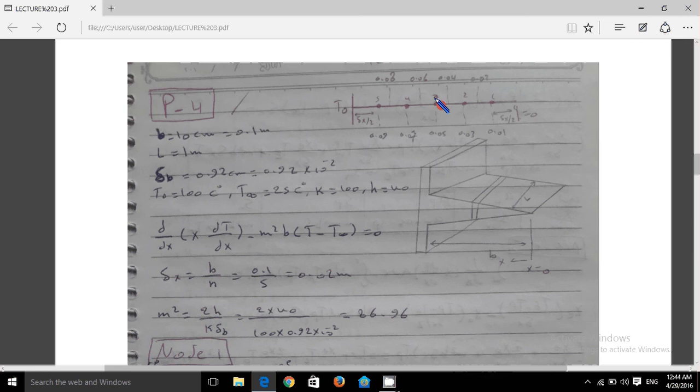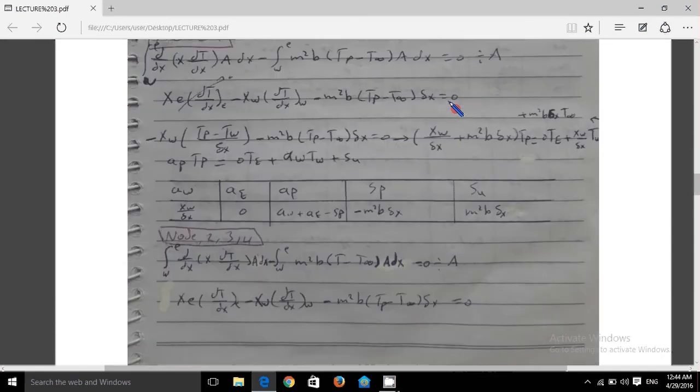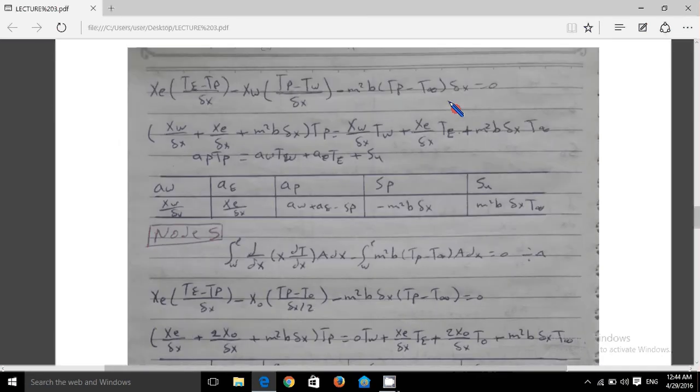So when I start to substitute, I will write T east minus T point over delta x and T point minus T west over delta x. I hope you understand how it came. So minus m square b (T point minus T infinity) delta x.